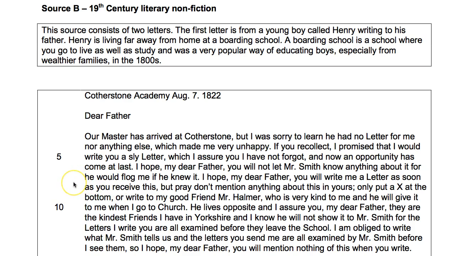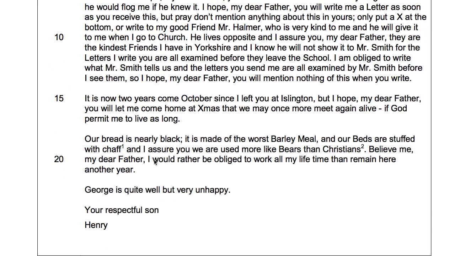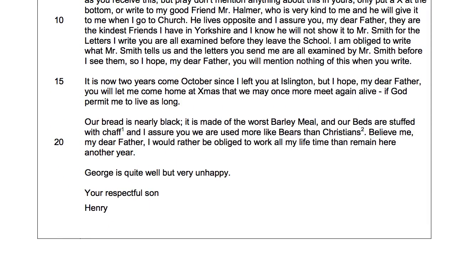So we can infer from this that the 19th century literary non-fiction is the one where the examiners want to test your real ability to read and decode unfamiliar language. And you'll see that the language of the 19th century text is always more demanding and more difficult. In this case, though, it's also shorter, which is good news for you.